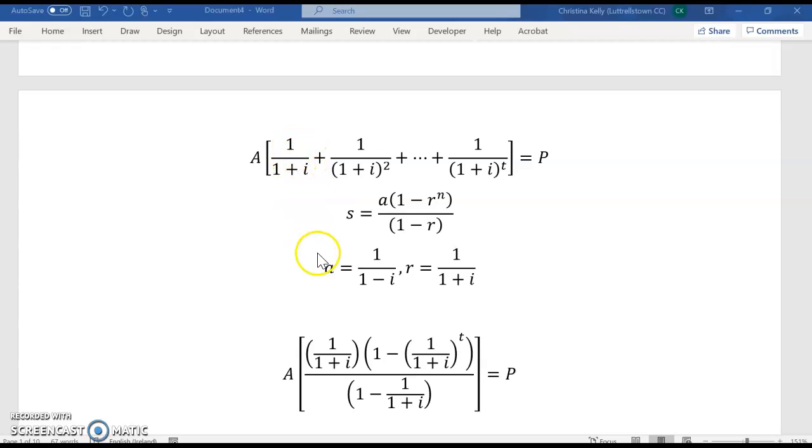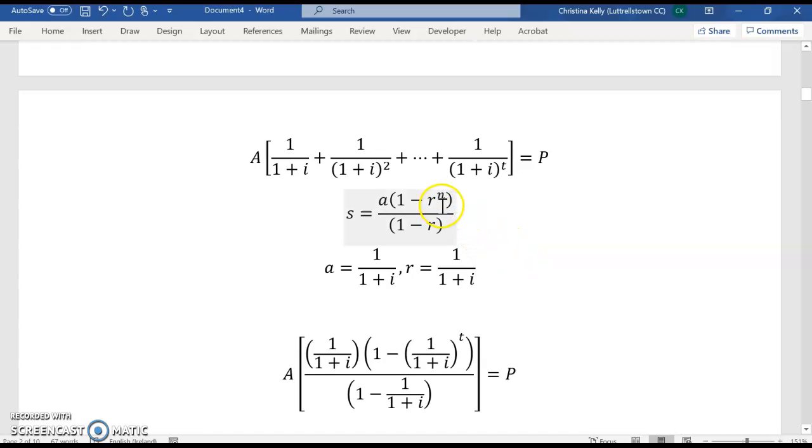The first term of our series is 1 over 1 plus I. And our common ratio is also 1 over 1 plus I, because each term is multiplied by 1 over 1 plus I till we come to the final term.